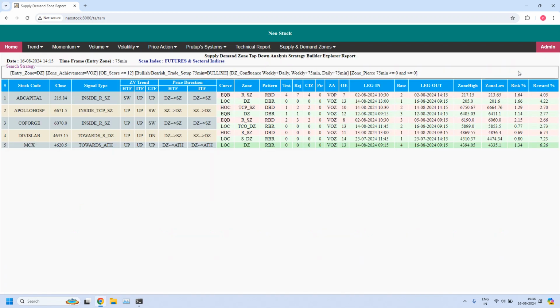Now let's filter the stocks. 5 stocks. Out of 13, 5 stocks are filtered. These 5 stocks are having LTF, ITF and HTF confluence. So this is about bullish trade setup for weekly income trade.